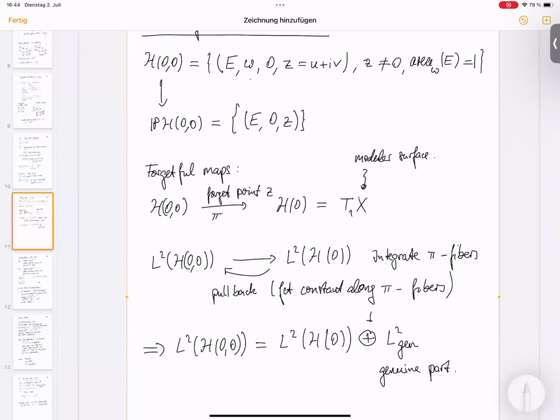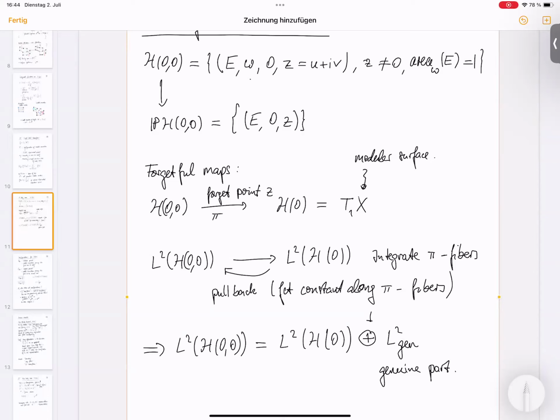One more reduction step. There are, of course, projections. I can forget the first point or I can forget the second point. In any case, forget one of the two points. This gives me a projection map pi onto the unit tangent space of the modular surface. And this means that there is a big chunk of the L2 space which is sort of well known.